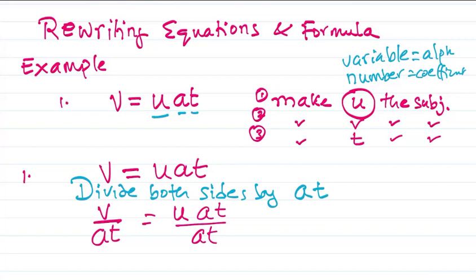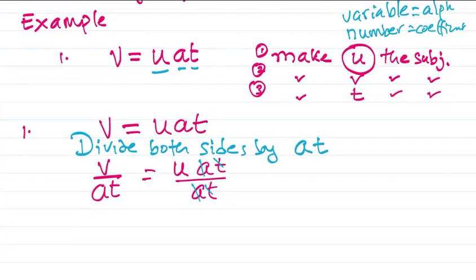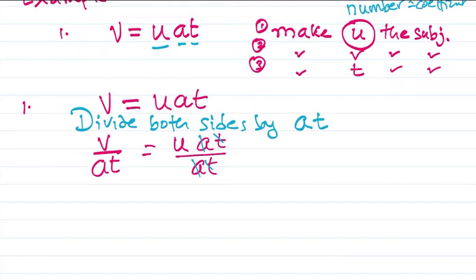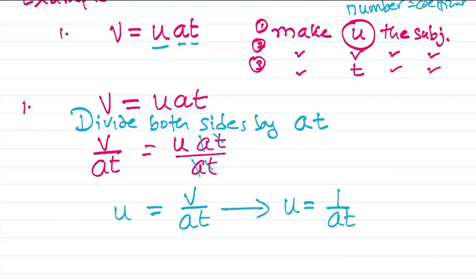You know what happens next? A and T will cancel out, giving 1 in each case, and we are left with U. So U equals V over AT. For a multiple choice exam, it can be written as U equals 1 over AT times V. That will be your formula for that case.